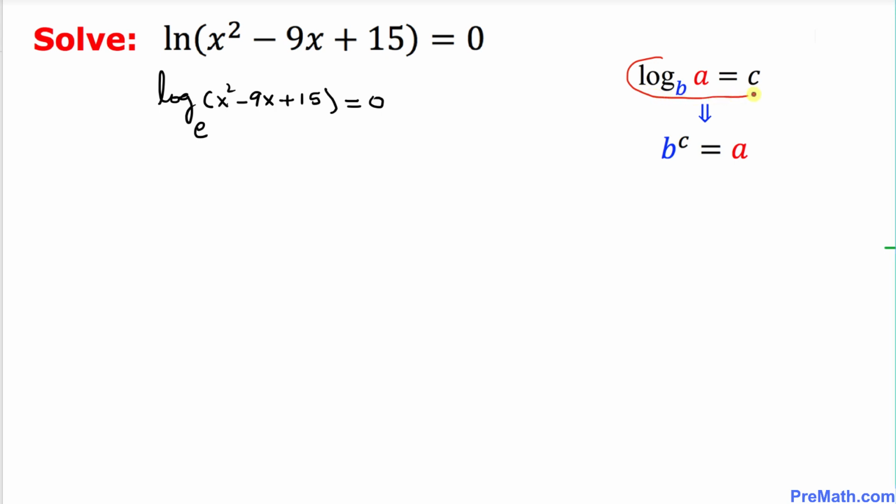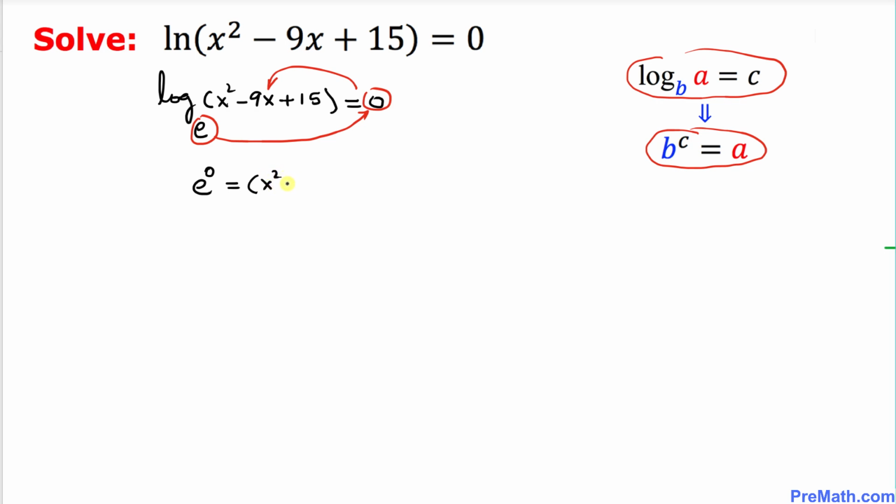This is our logarithmic form, and we are going to convert into exponential form. So let's go ahead and do that. Our base is e, and when we convert into exponential form, e power 0 equals this argument. So let's go ahead and write that. So we can write e power 0 equal to x squared minus 9x plus 15.